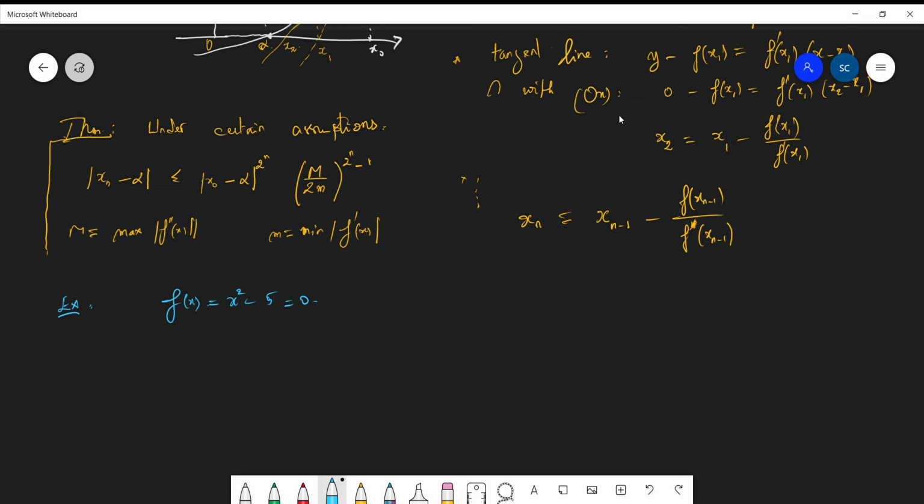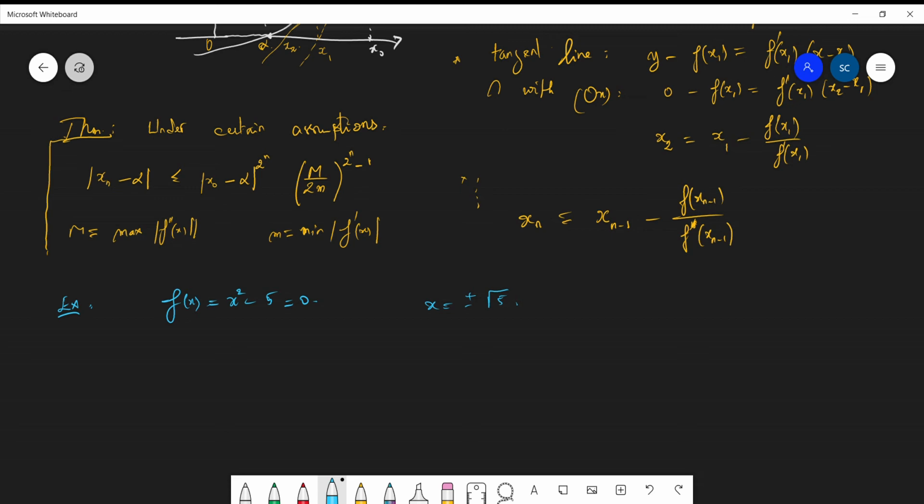We know in advance that the roots are x equals plus or minus square root of 5. The method will work as long as you are satisfying the assumptions. Depending on x0, where x0 is closest to, your solution may converge to square root of 5 or minus square root of 5.